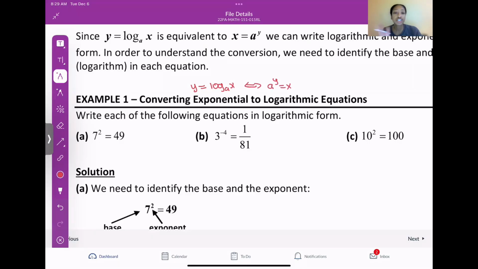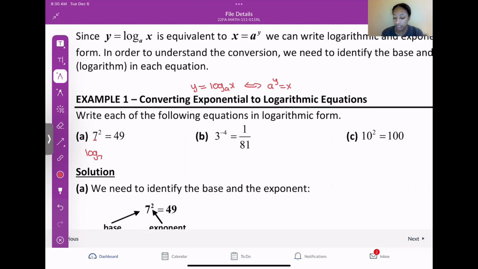So let's pay attention to where all three of the parts are. First, if we're starting with exponential form, whatever the base of the exponent is the base of the log. So for 7 squared equals 49, the base here is the 7. So this would be log base 7. We write our base as a little subscript next to the word log.